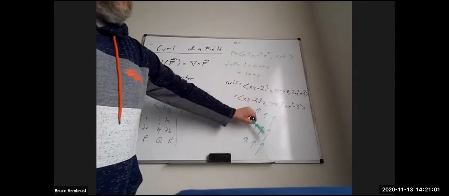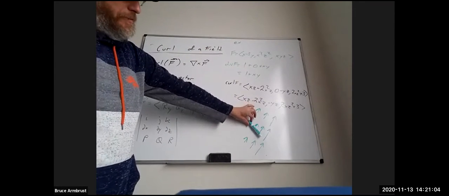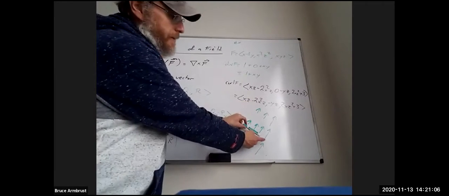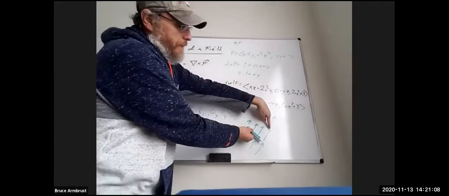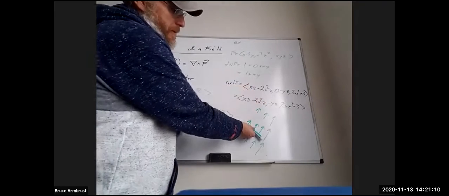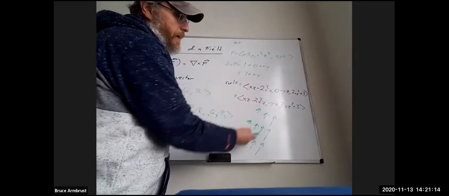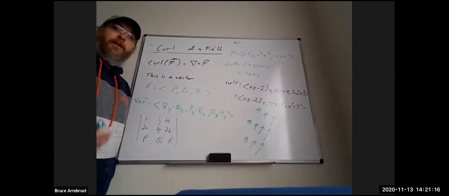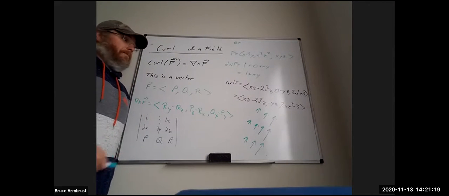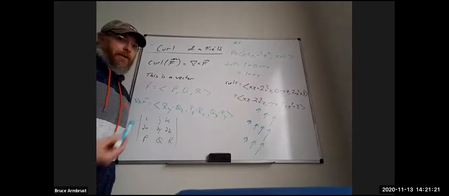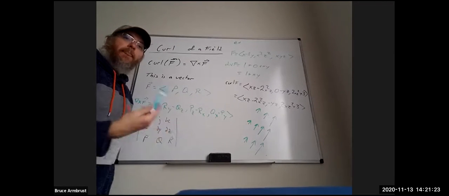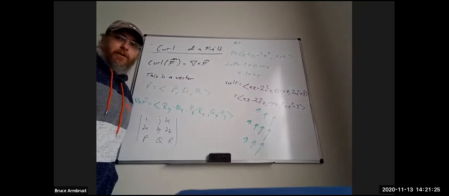Now, if I were to drop something in here, it is going to rotate, because this end down at the bottom is going to feel a greater force pushing it than this one. So it's going to want to do this. It's going to want to rotate. So this is an example of a field where we would have curl, at least in this portion of the field. I don't know what's going on out here, but that would be an example of one where we get some curl.